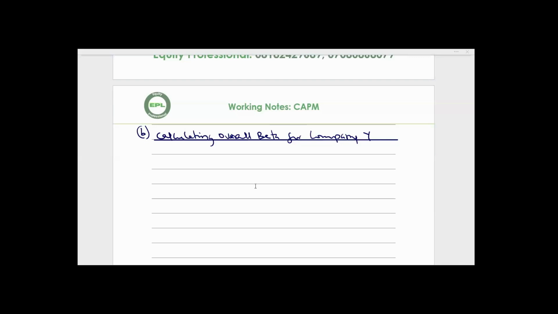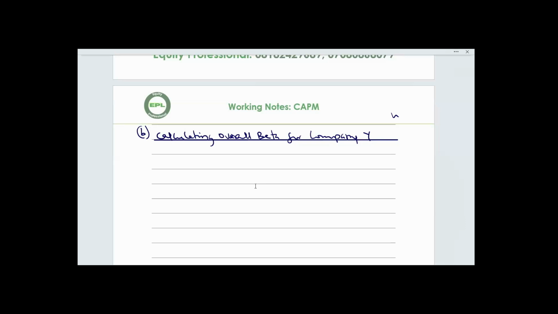Out of the 5 different formulas that I gave you, which of the 5 do you think is the most appropriate to calculate the overall beta? The first one I gave was that if you are given correlation coefficient and standard deviation, we use the first one.